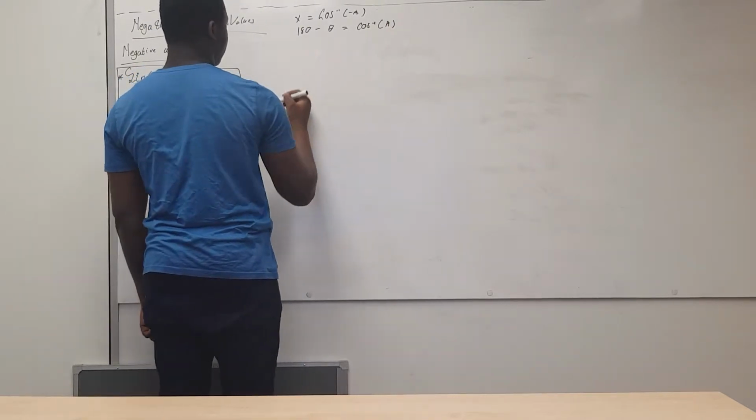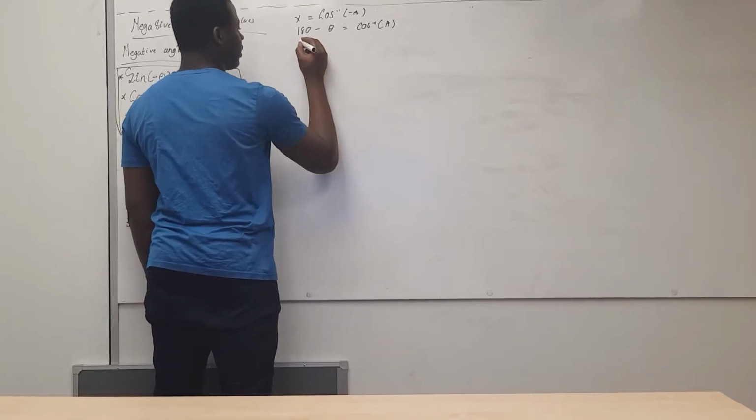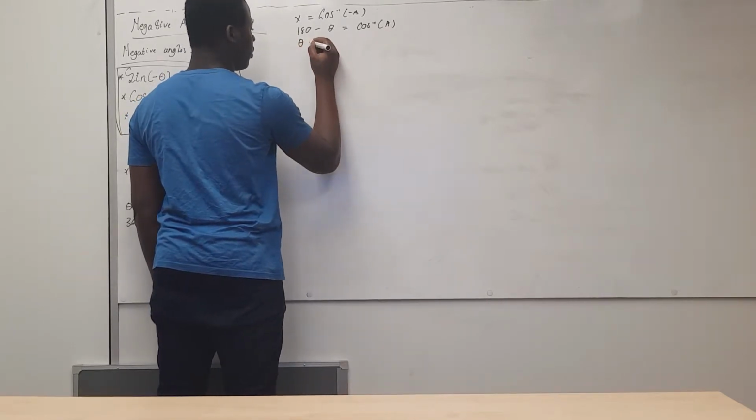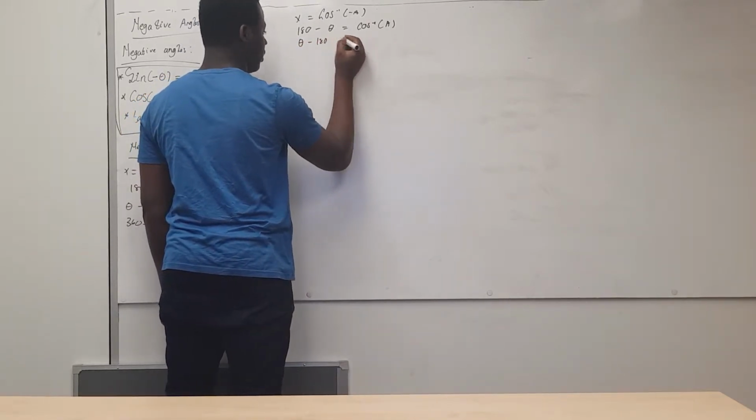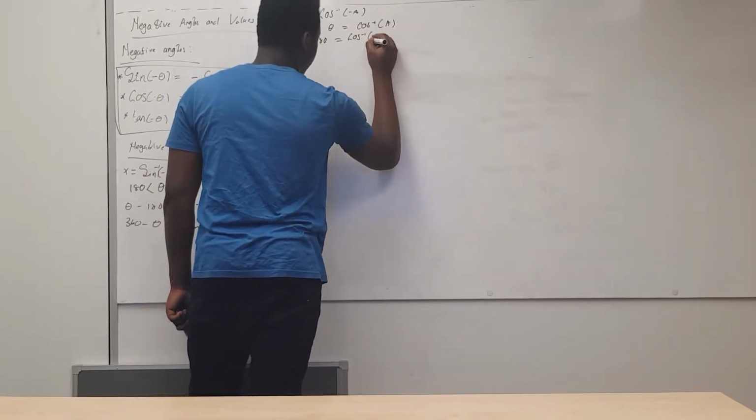Or I could say it's also negative in the third quadrant, so it's going to be the variable I'm looking for minus 180 is equal to cosine inverse of a.